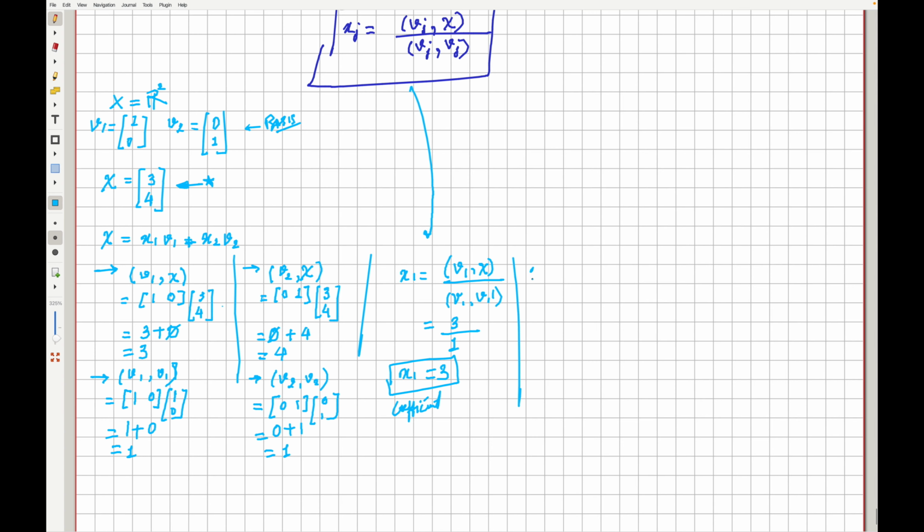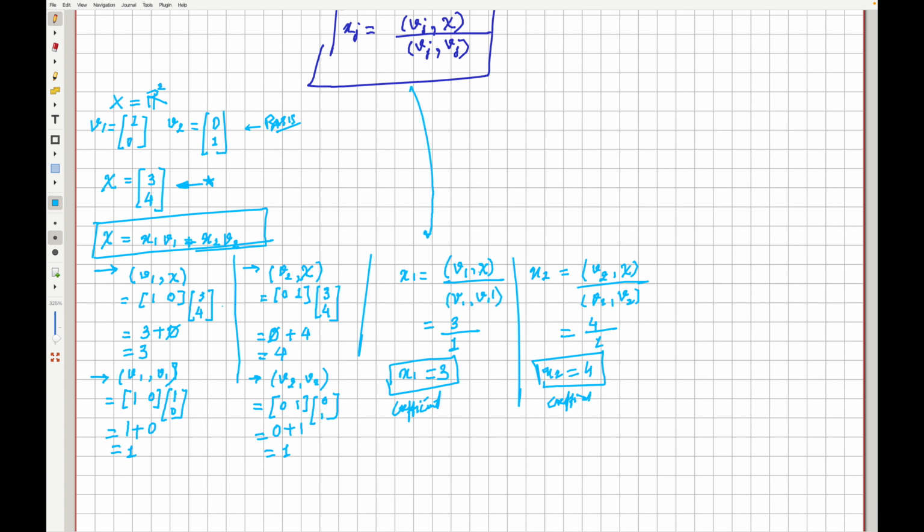Then the x2 coefficient would be the vector v2 dotted with x divided by the dot product of vector v2 with itself, and so we have 4 divided by 1, so we get a value of 4, and that is the coefficient for x2.